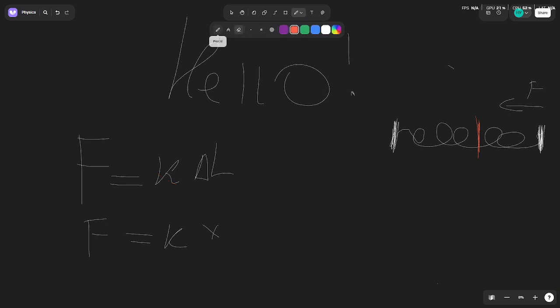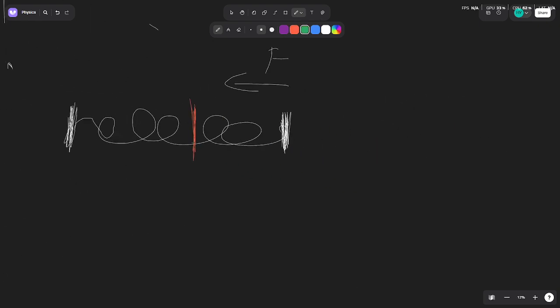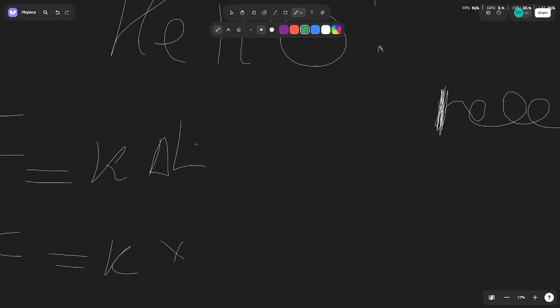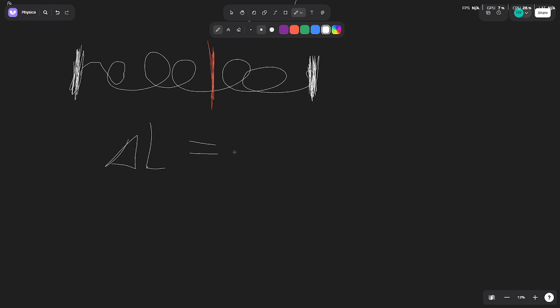Logically, we know that L is length, right? So then, delta L is change in length. So delta L equals L original minus L final, right?